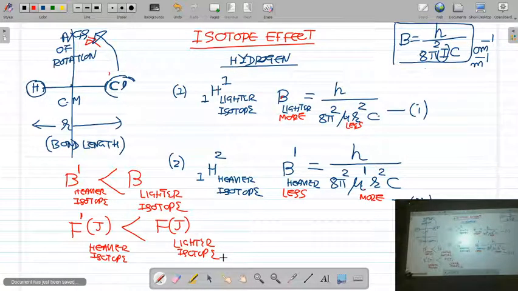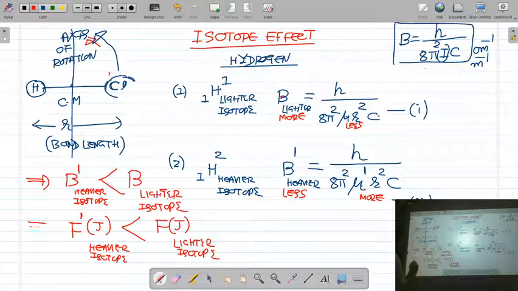Because if the rotational constant of the heavier isotope is less, it means the rotational term value F dash J of the heavier isotope is also less than that of the lighter isotope.